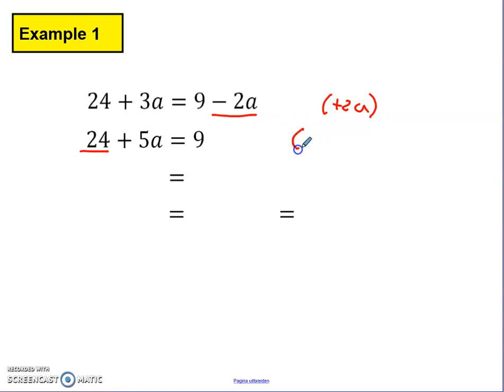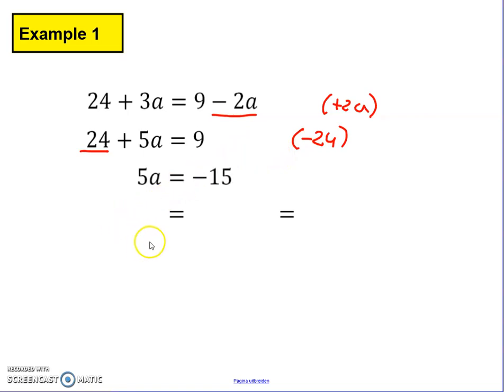So I will do minus 24. On the left side, when I do minus 24, he is gone, and the only thing left are these 5a. I'm going to do the same on the right side. 9 minus 24, and be aware we will get some negative numbers by now. 9 minus 24 is minus 15.